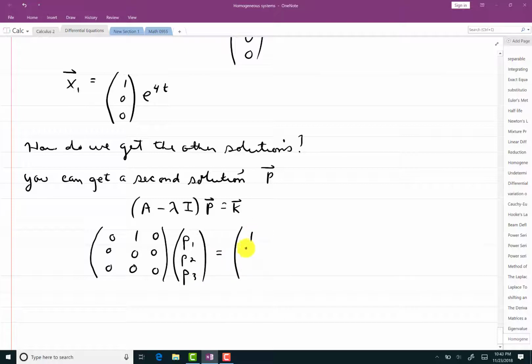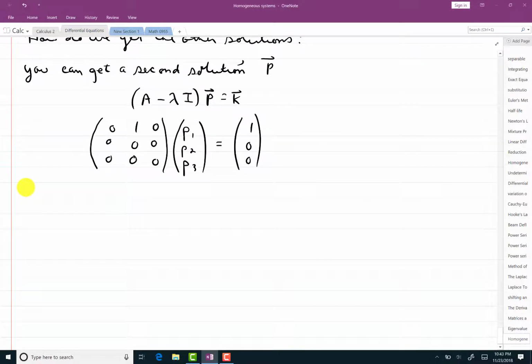And the K we found to be 1, 0, 0. So what we have then is when we do this multiplication, I take this first row and multiply it along the column. That means this 0 times P1, this 1 times P2, and then this 0 times P3. I end up with P2.